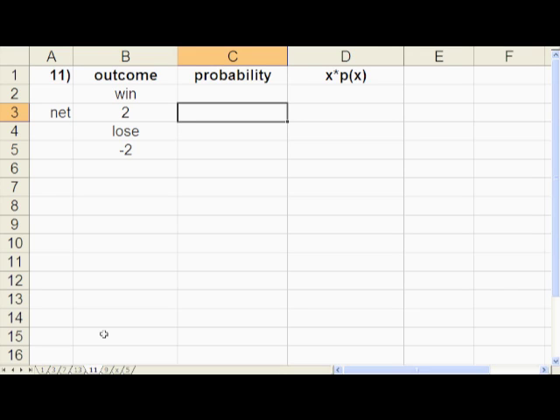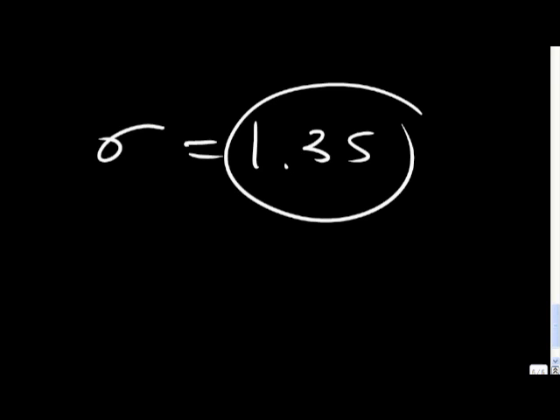Now, we have to determine the probability of winning this game. In this question, they tell us we win by rolling a die. And in order to win, we must roll a 5 or a 6.